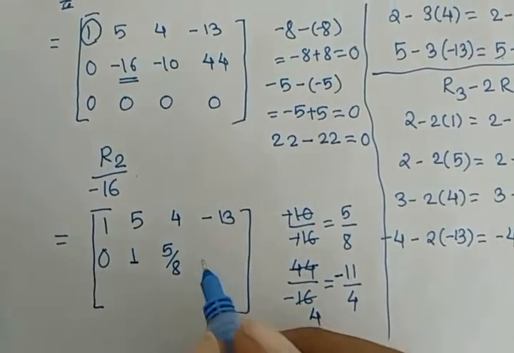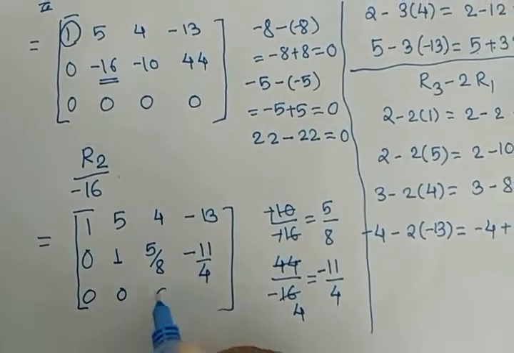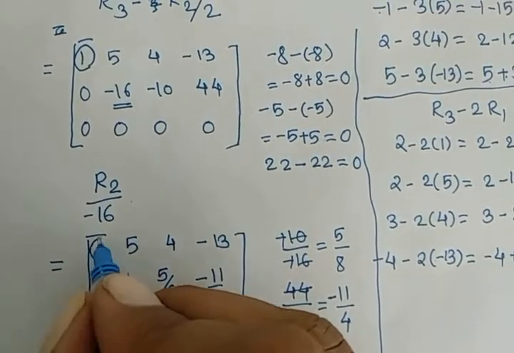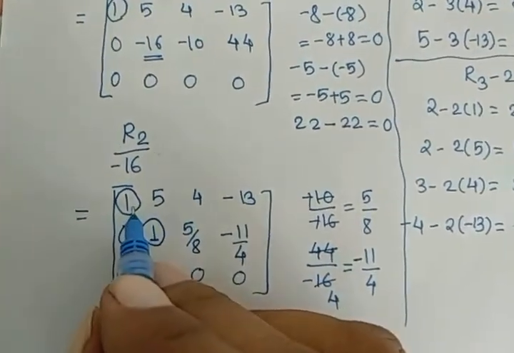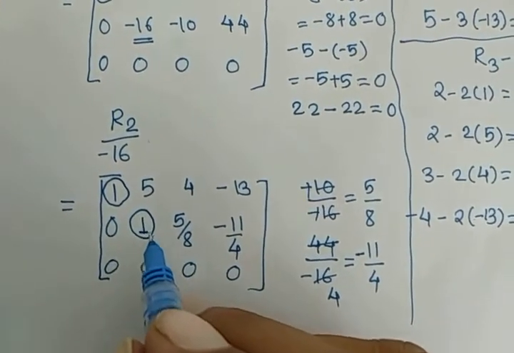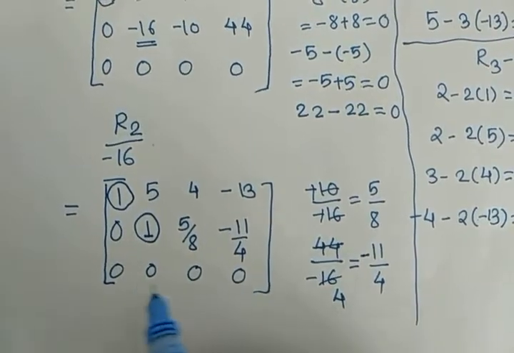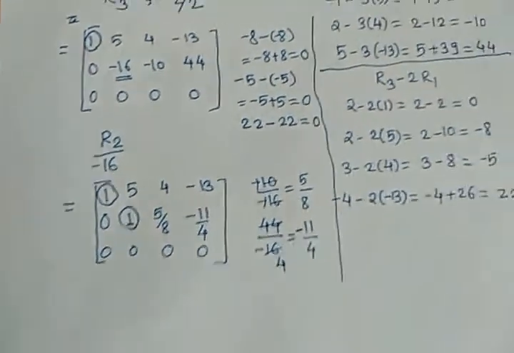The last row is all zeros. So we get a leading one at the A11 position and the A22 position. In the last row there are all zeros, so the next leading one is not possible.